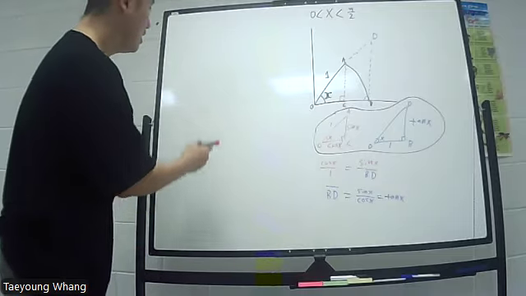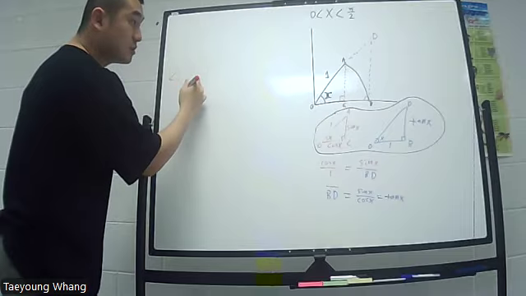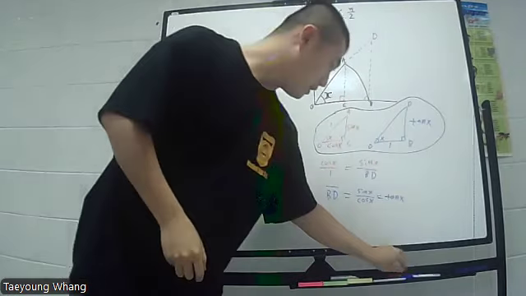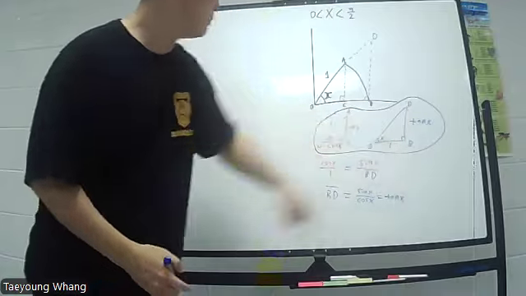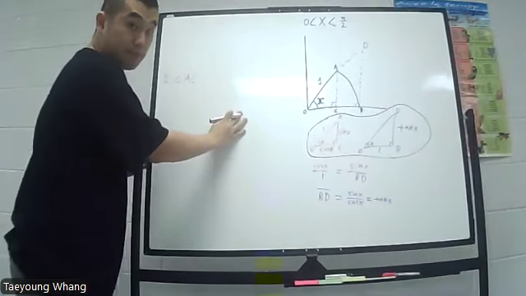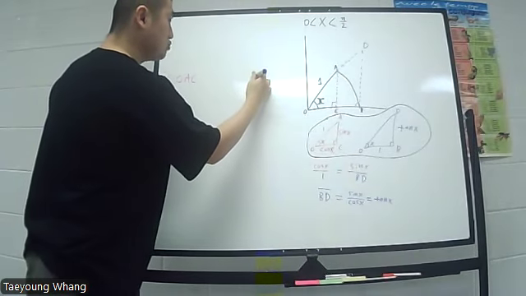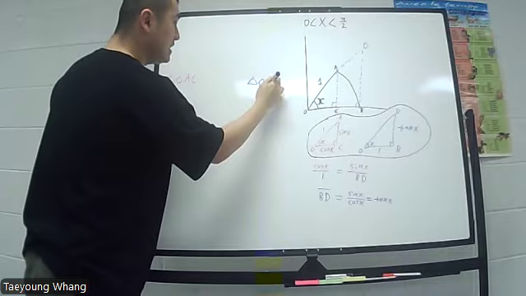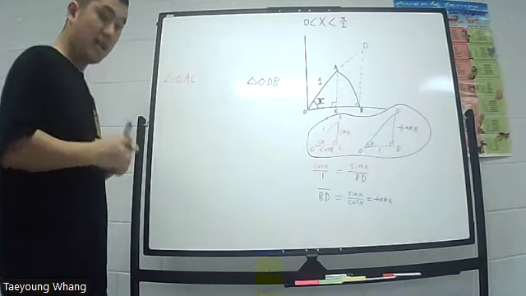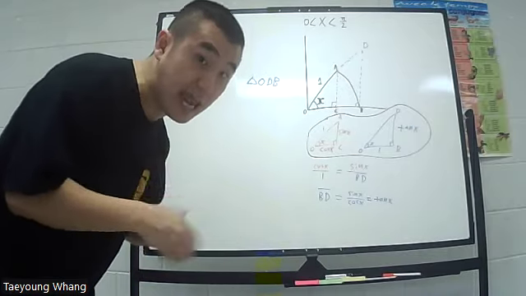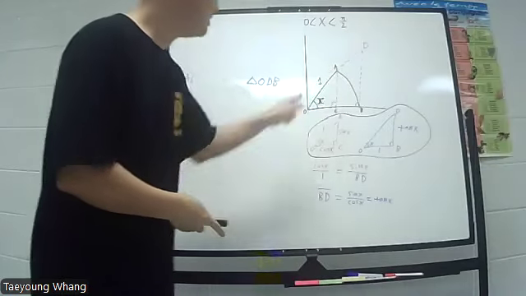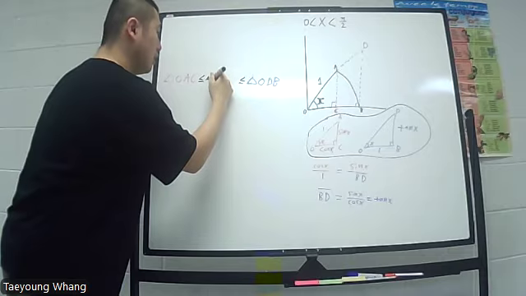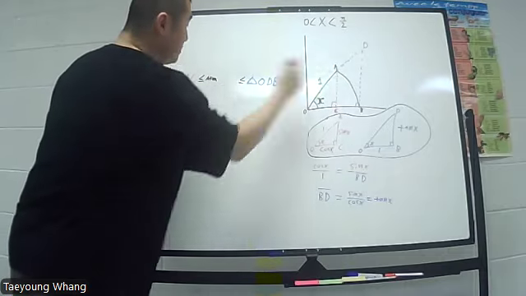I can say the area of the triangle OAC and the area of the big triangle ODB are squeezing the area of this sector, area of OAB, the sector.